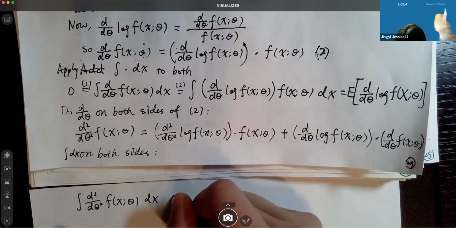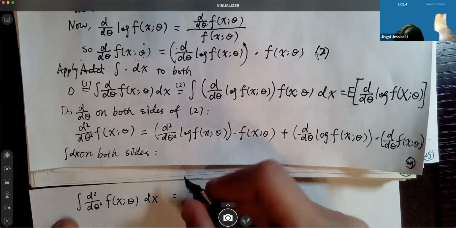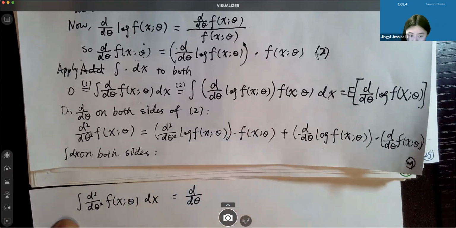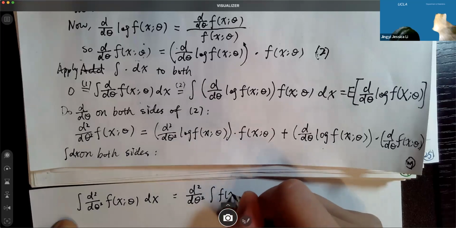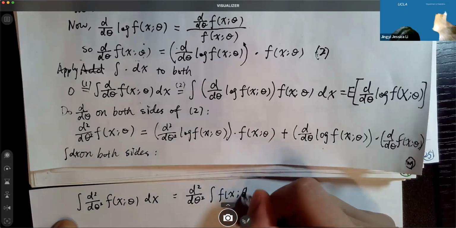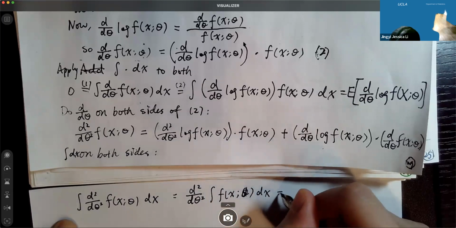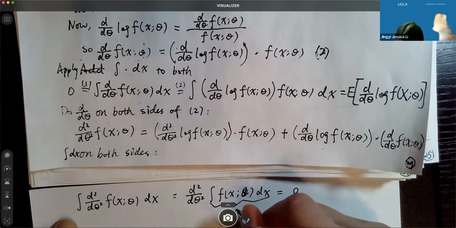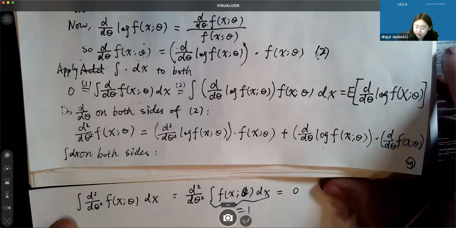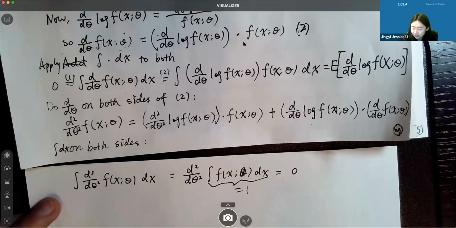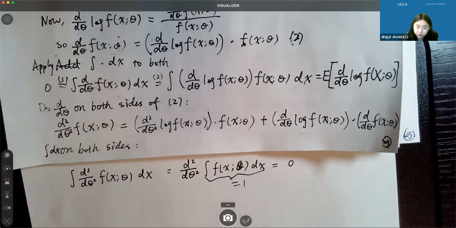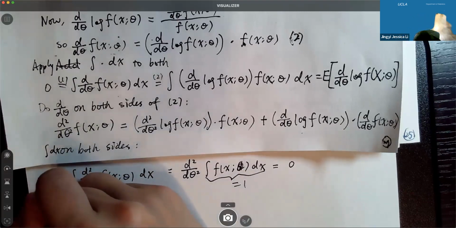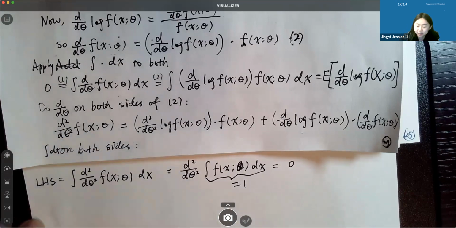Basically, if we move it out, the integral of f dx is still 0 because this is equal to 1. So the smoothness condition allows us to swap differentiation and integration, which is the key. So the left-hand side integration is 0. For the right-hand side, let's take a look.